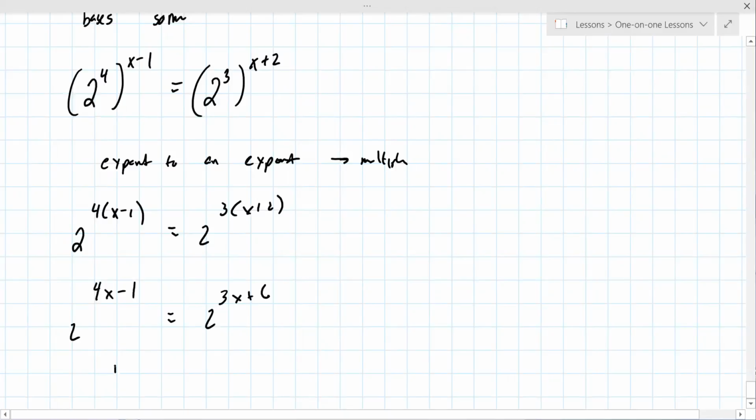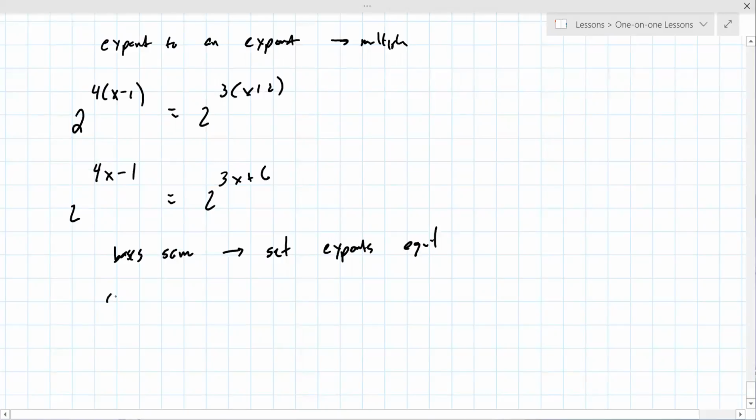Since the bases are the same, you set the exponents equal. So you set 4x minus 1 equal to 3x plus 6, and then you solve for x. So move the 3x over, add 1, you get x equals 7.